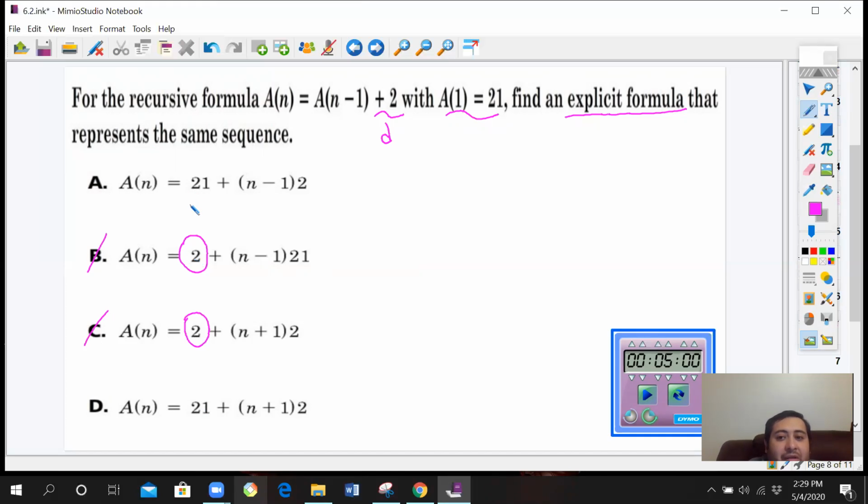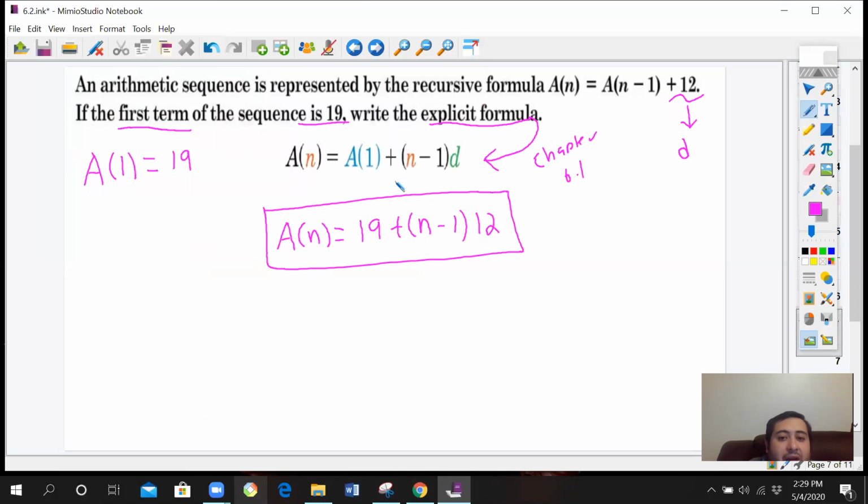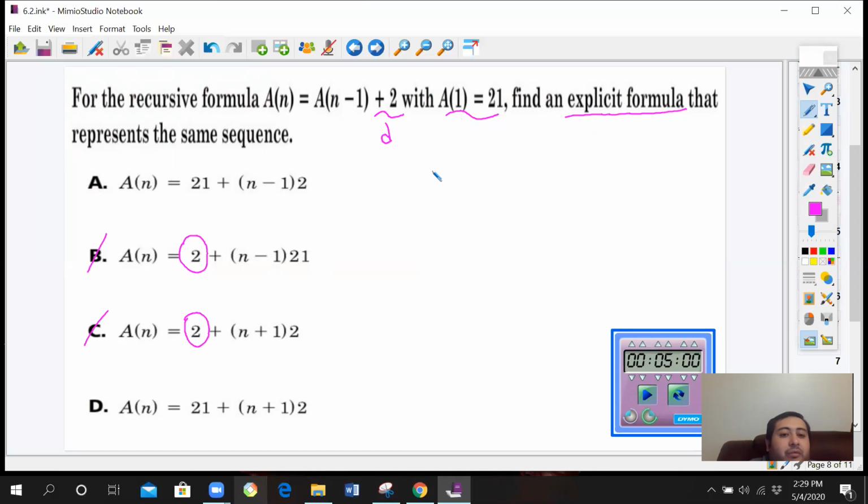Based on the explicit formula that we have here, it has a minus 1, not a plus. So D is out and you're left with letter A. I'll just put that here so you can know. That's all you're doing. You're just converting it really fast.